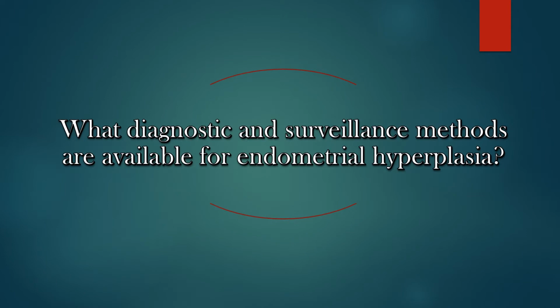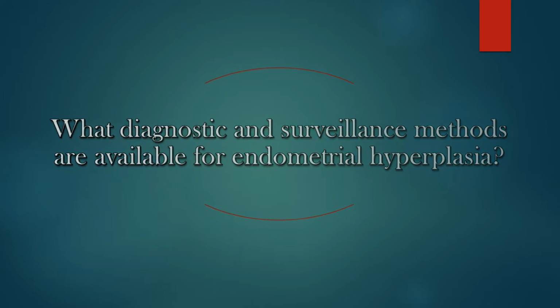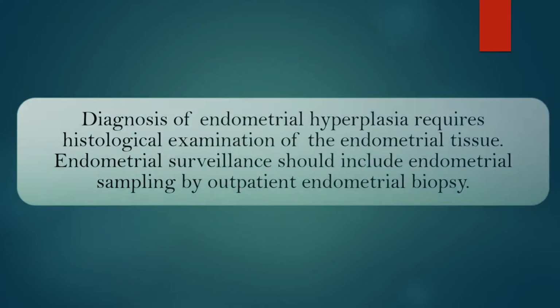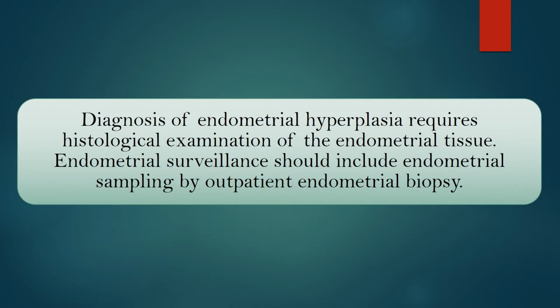What diagnostic and surveillance methods are available for endometrial hyperplasia? Diagnosis of endometrial hyperplasia requires histological examination of the endometrial tissue. Endometrial surveillance should include endometrial sampling by outpatient endometrial biopsy.